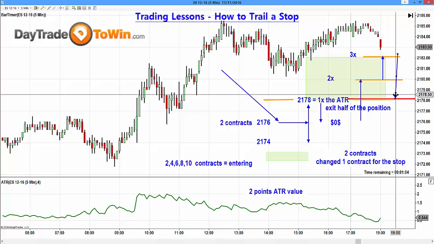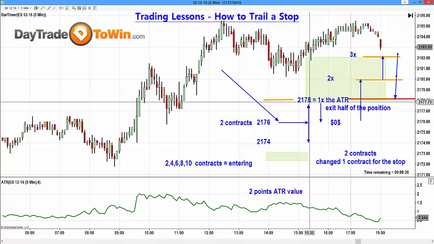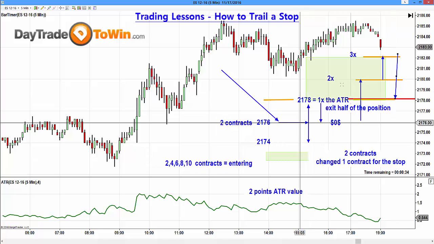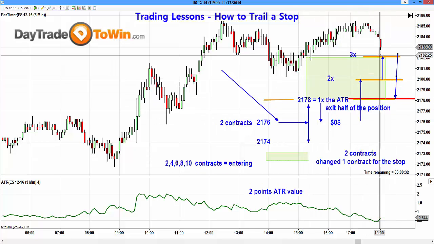With a trailing stop, you can't think of every single day or every single trade as the home run $1 million trade. Once the market moves 2 or 3 times the ATR, consider exiting that remainder half of your position and being done with it, wiping your hands clean, taking the money and run. I'm saying that because you're looking at 2 points on one contract, and then let's say 6 points on your runner.